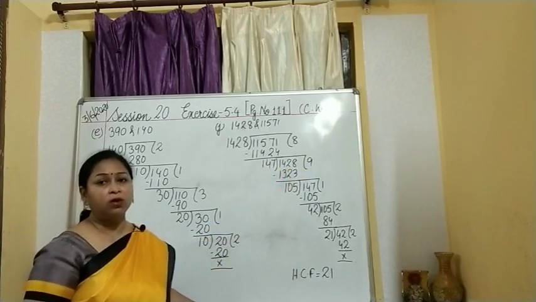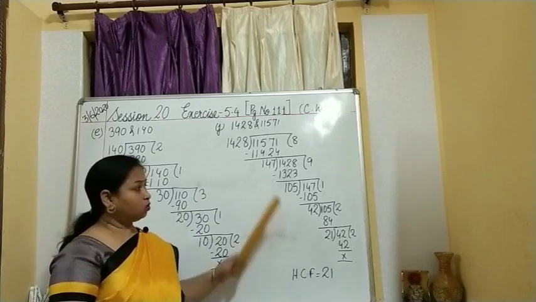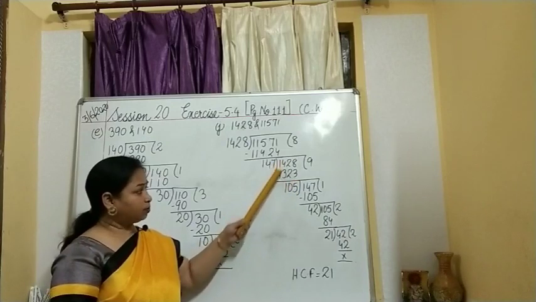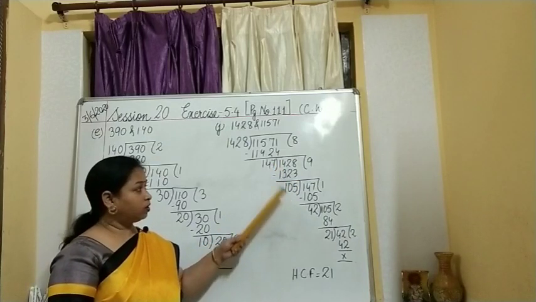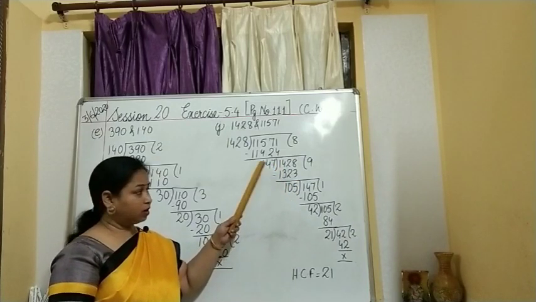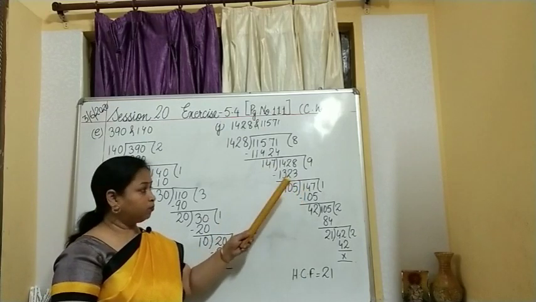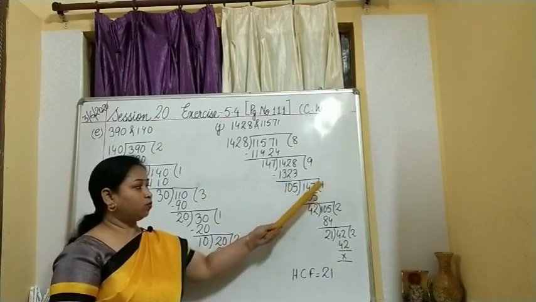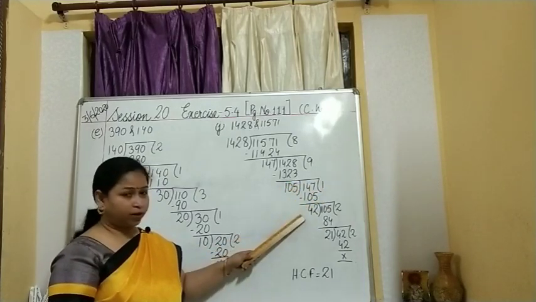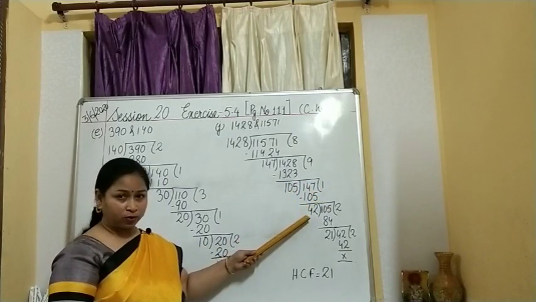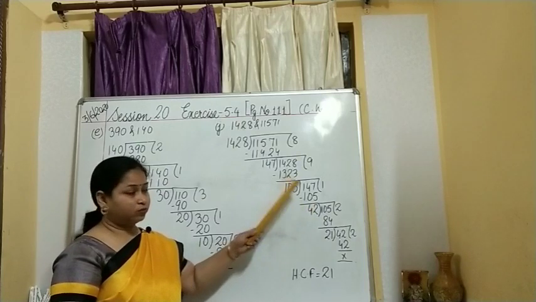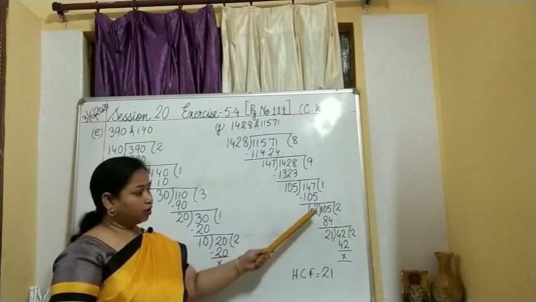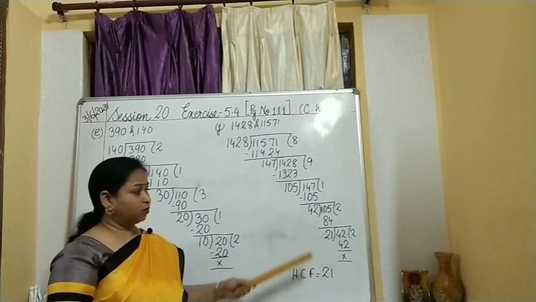All of you know I have taught you division, so you can use it over here. So 1323 you have got. Subtract it, you get 105. So this divisor takes the place of dividend, and this remainder changes to divisor. 105 1s are 105. Subtract it, you will get 42. So 105 comes to this place as a dividend. 42 multiplied by 2, 84.